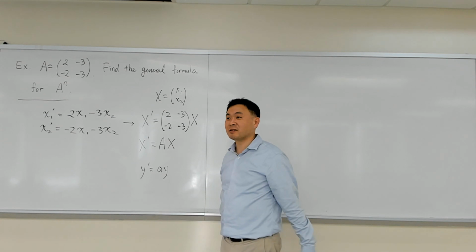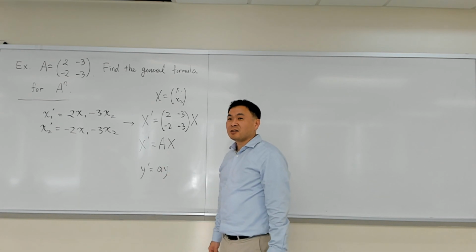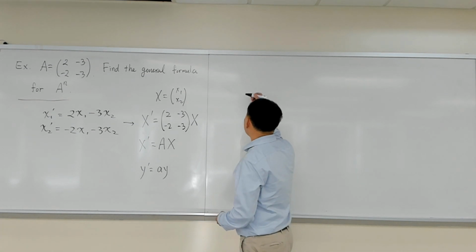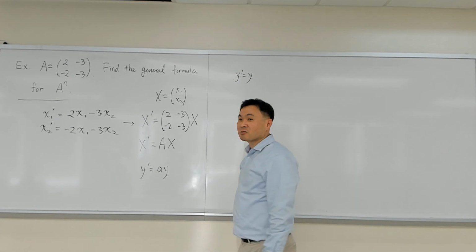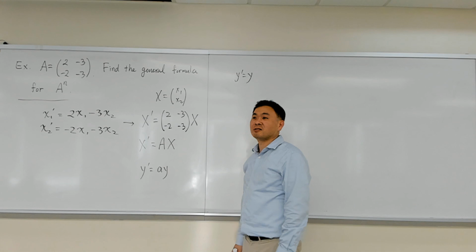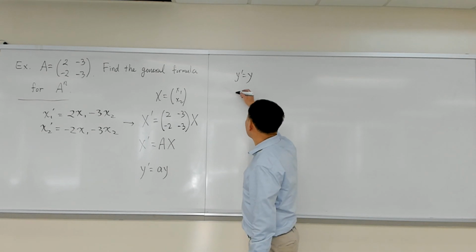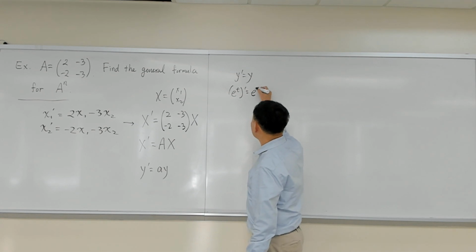What could this be? A times itself. Okay, if you don't know, let me give you an even simpler question. What about the solution of this? What's a function that if you differentiate doesn't change? E to the x, or e to the t, right? So e to the t prime gives you e to the t, so that's the solution.